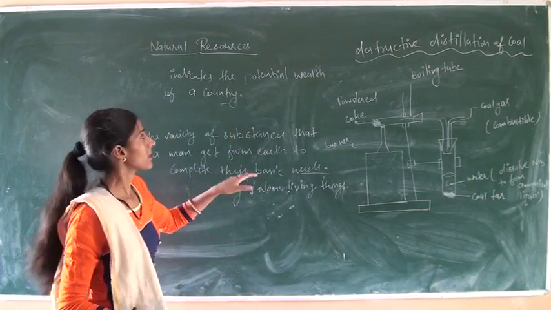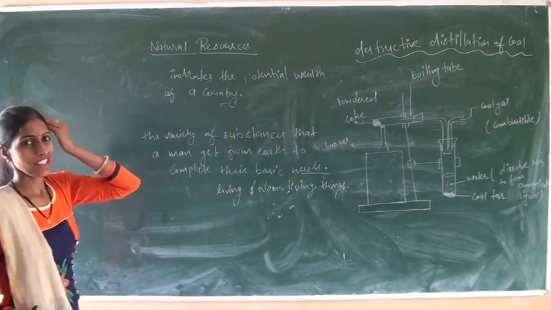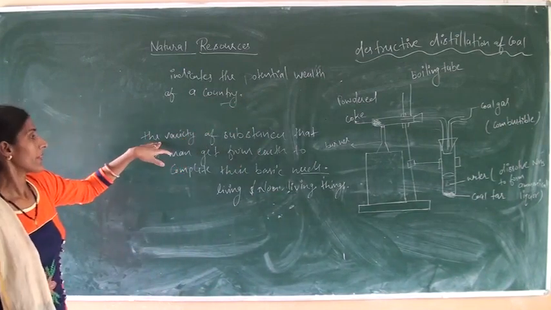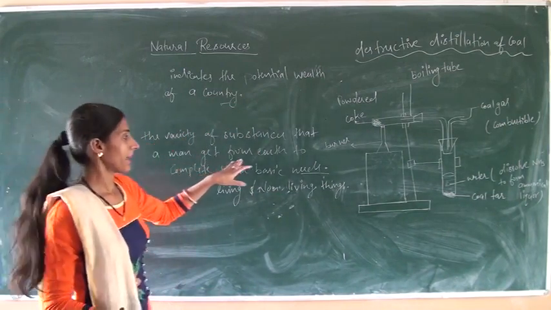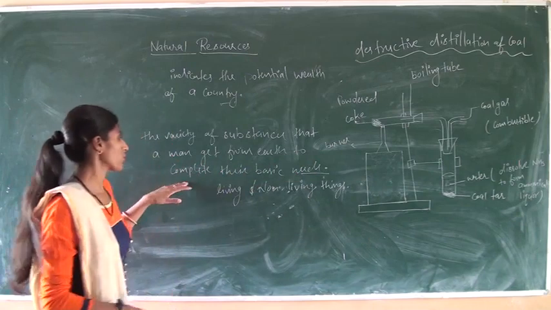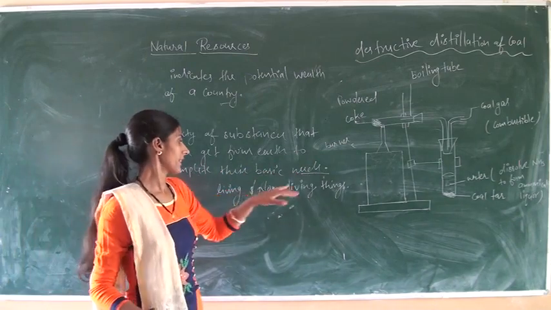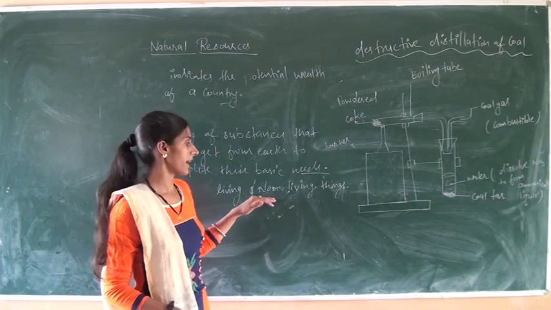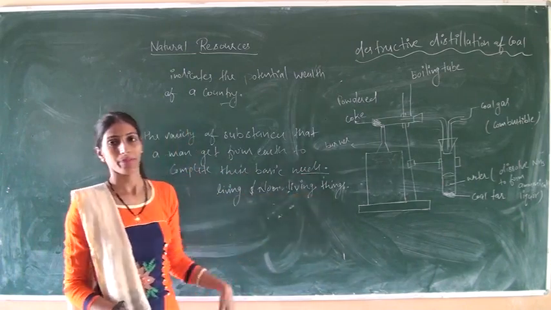Okay students, natural resources indicate the potential wealth of a country. The variety of substances that a man gets from earth to complete their basic needs is necessary for living and non-living things.